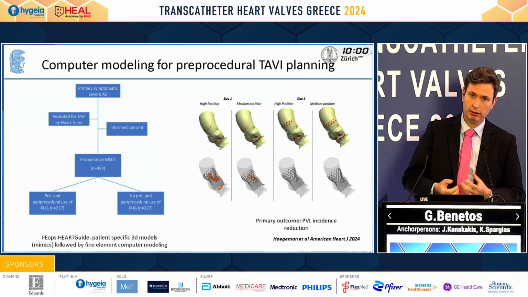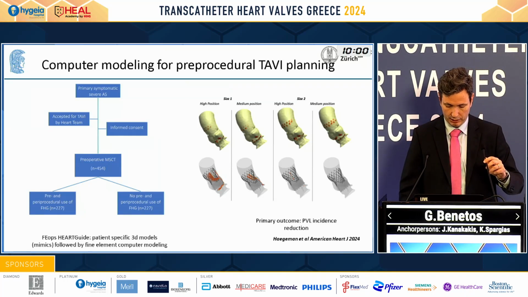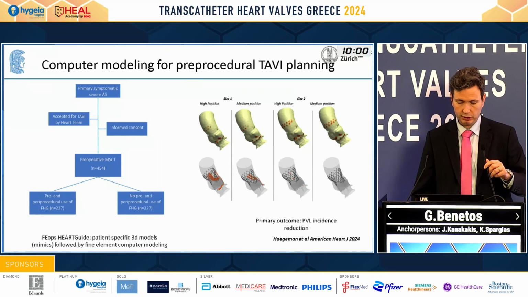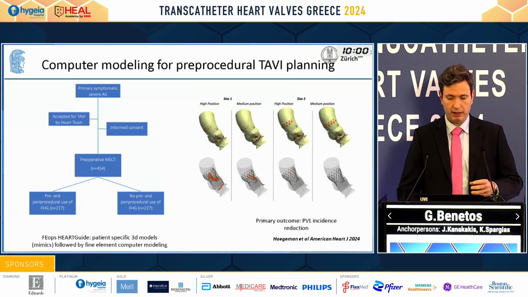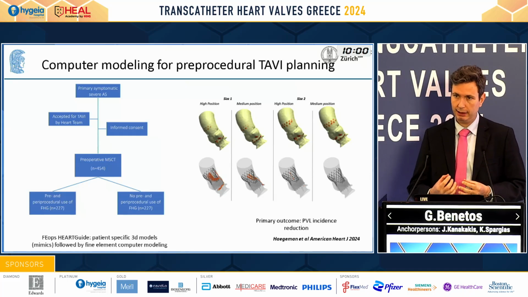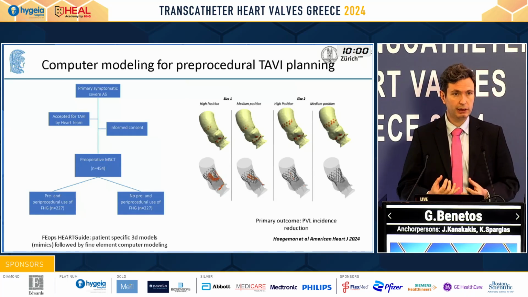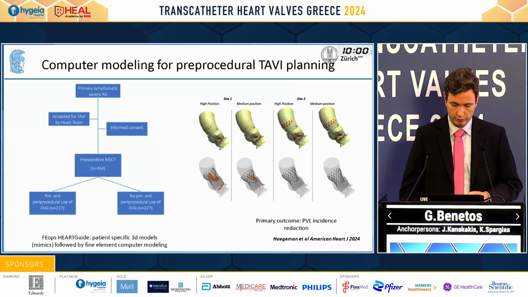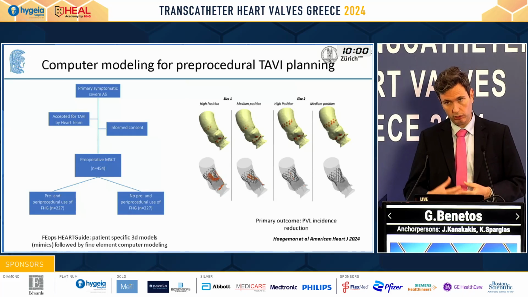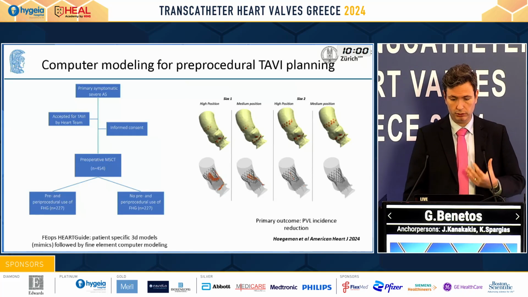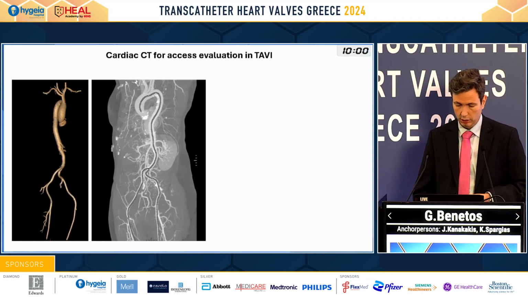And then they use other software called Philips HeartGuide to simulate the TAVI implantation, in order to measure the risk for PVL or pacemaker implantation before, of course, the operation.